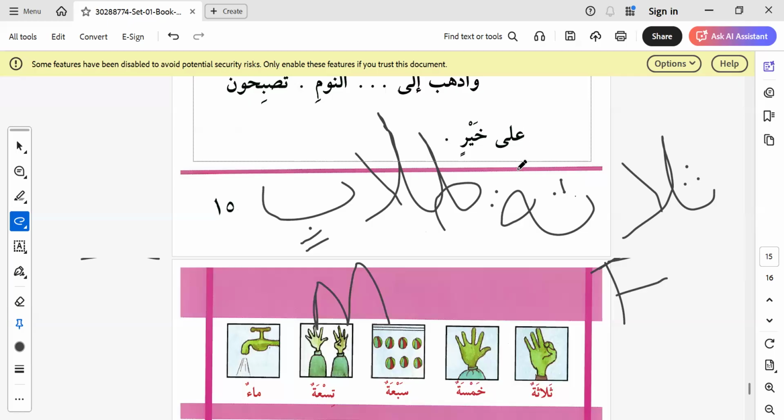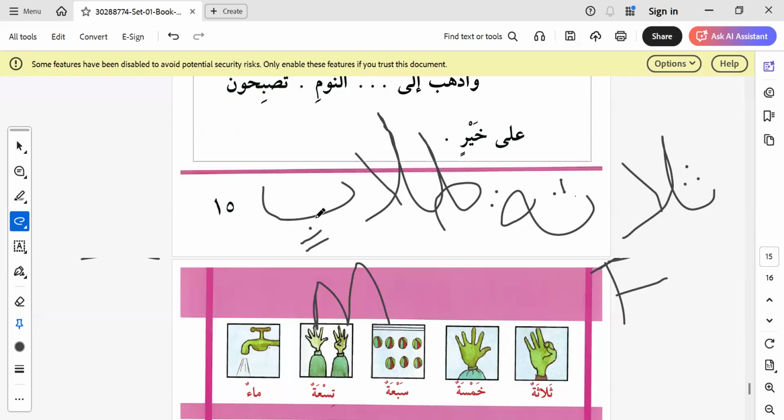One thing you need to take note of when you are counting from 3 to 10: number one, the gender will alternate. The second point is that the adad and the ma'dud will have an idafa relationship.